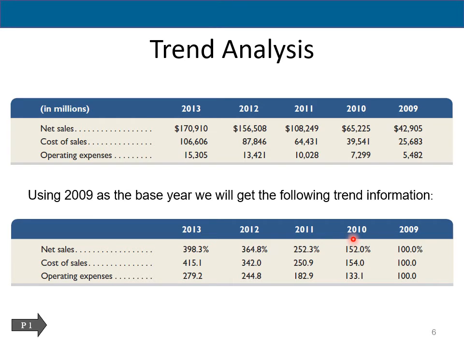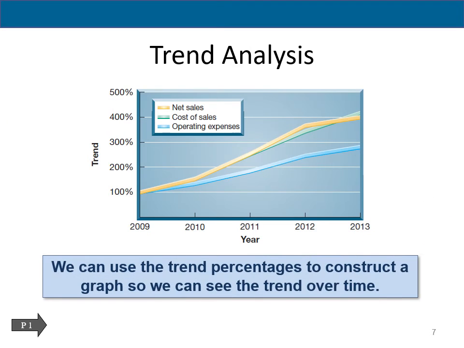And so we know that, for example, net sales increased from 2009 to 2010 by 52%. How do we know that? Because net sales is 152% of 2009, right? And then we see a huge jump in 2011. That 252% is based on 2009, and so on and so forth. All right. Here's another trend line, and this is just a graphical representation of the previous data.